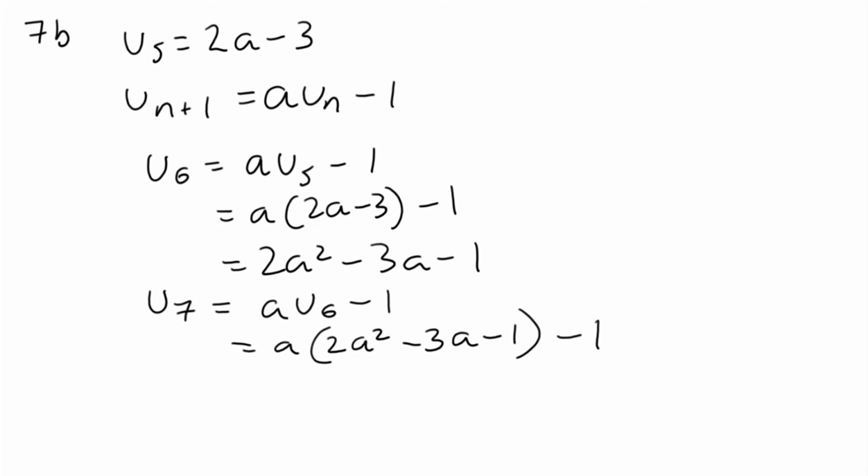And don't forget that minus 1 at the end. Okay, so 2a cubed minus 3a squared minus a minus 1 as required. So that's what they give us, and we got it to that, so that's good.